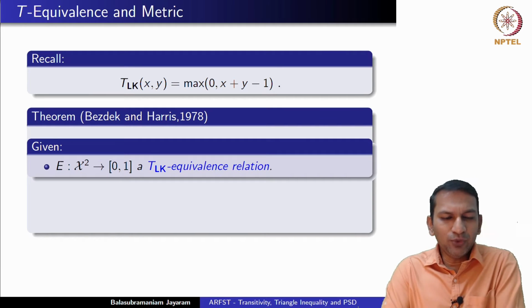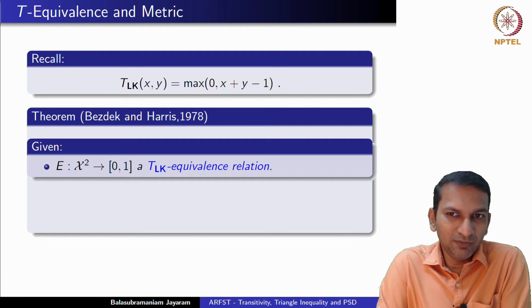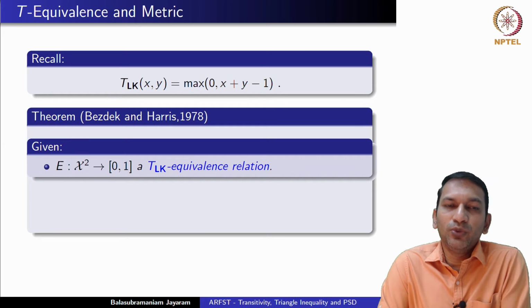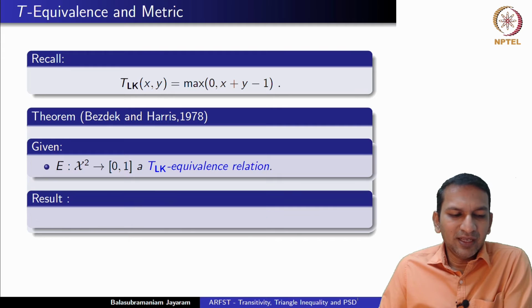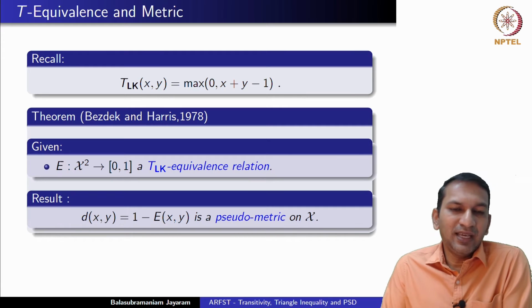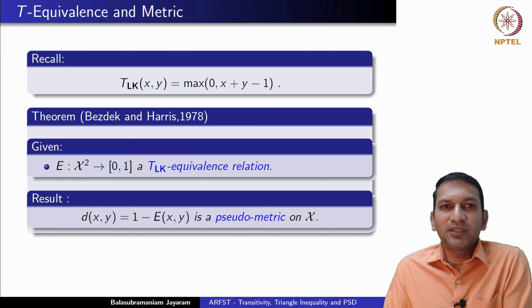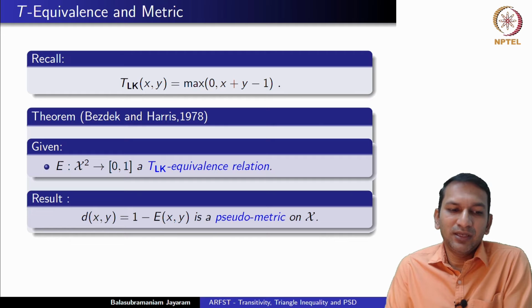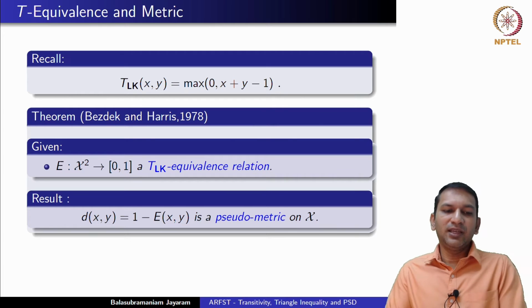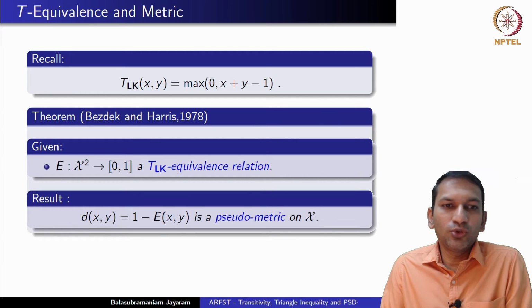They said if you have a T-equivalence relation, which is T-transitive with respect to the Lukasiewicz T-norm, so we call it a T_LK equivalence relation, then if you define d of xy as 1 minus e of xy, this d is essentially a pseudo-metric on X. This is a very interesting relationship between a T_LK equivalence relation and a pseudo-metric. So essentially we are saying if we start with a T_LK equivalence relation, you can in fact get a pseudo-metric.